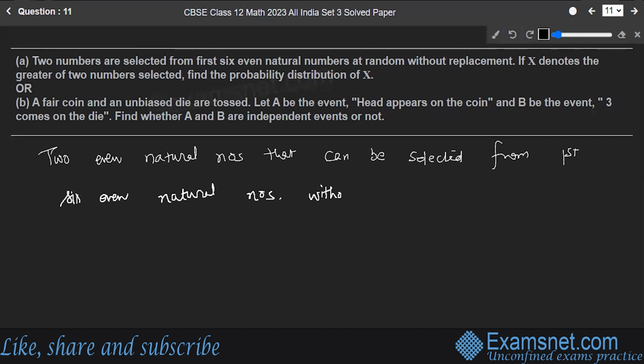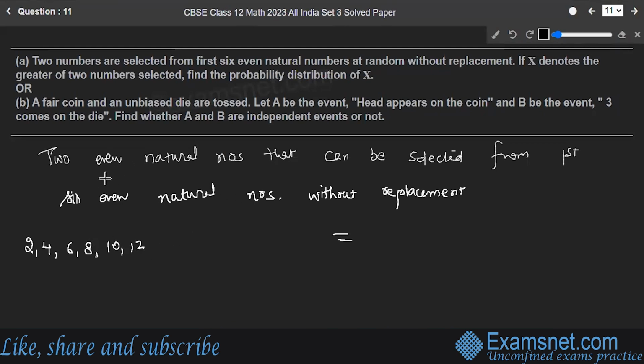The first 6 even natural numbers are 2, 4, 6, 8, 10 and 12.